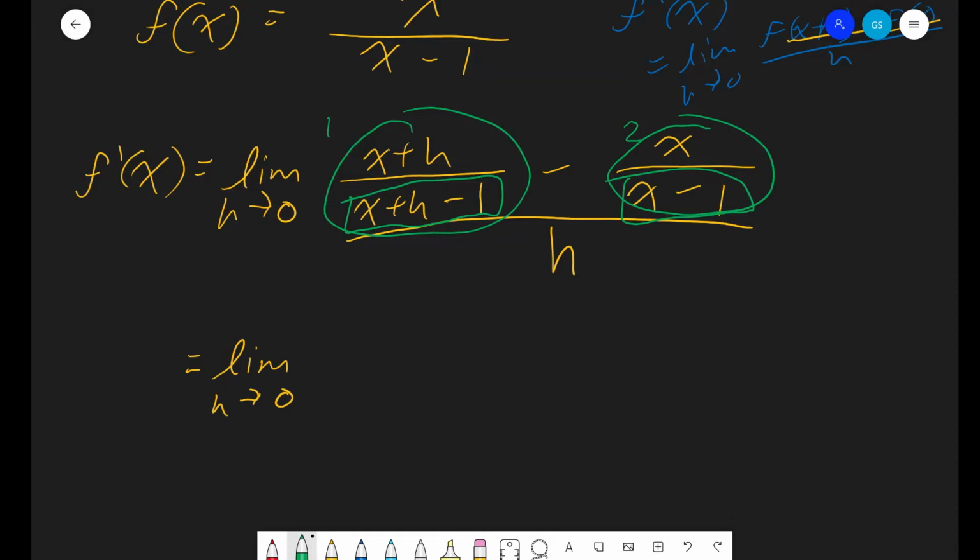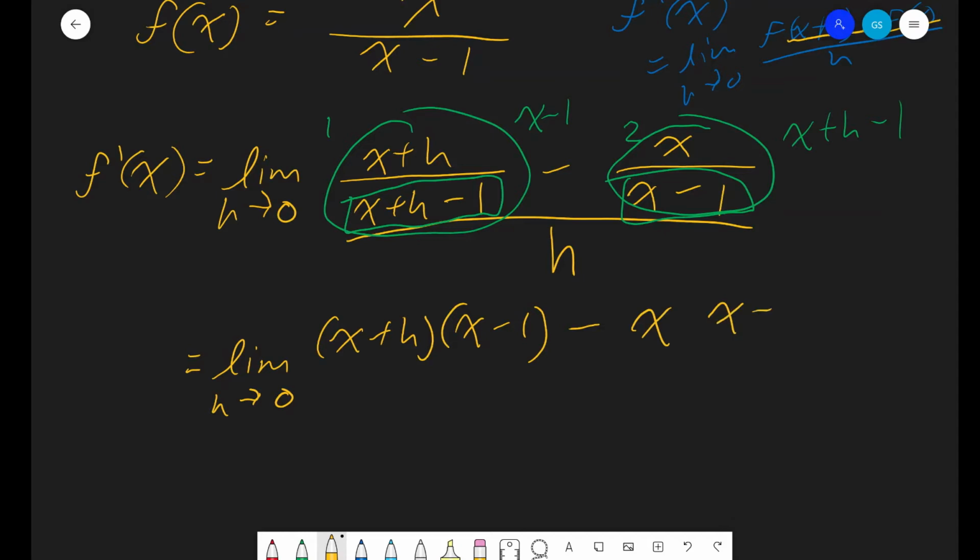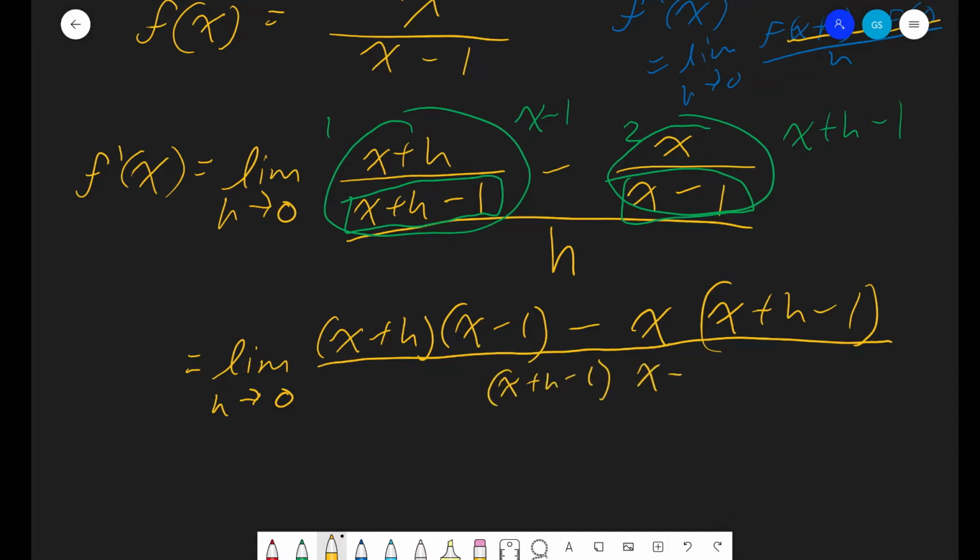So I can multiply this whole thing by x minus 1, and I can multiply this whole thing by x plus h minus 1. So with that said, this would be x plus h times x minus 1, minus x times x plus h minus 1, all over x plus h minus 1 times x minus 1.